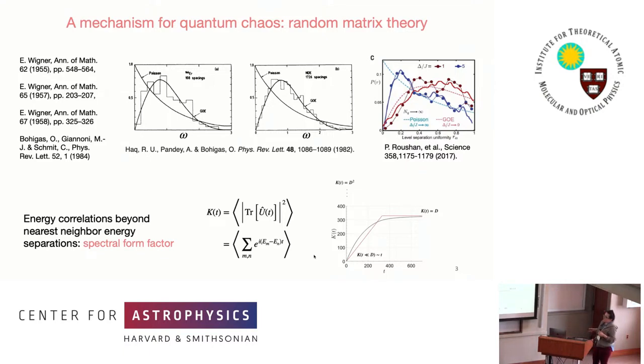It is defined based on a unitary, and these outer brackets are basically averaging over statistically similar systems. When we look at the spectrum form factor in time, we realize two features of it, a ramp and a plateau. In between, it connects at what's called Heisenberg time.